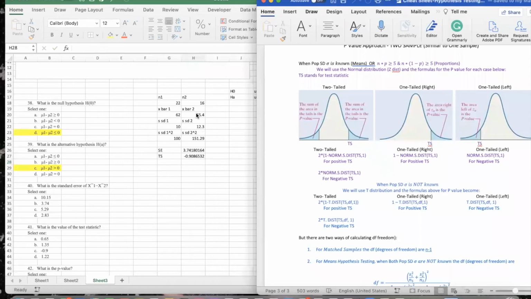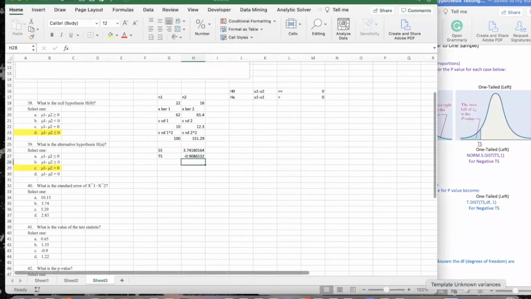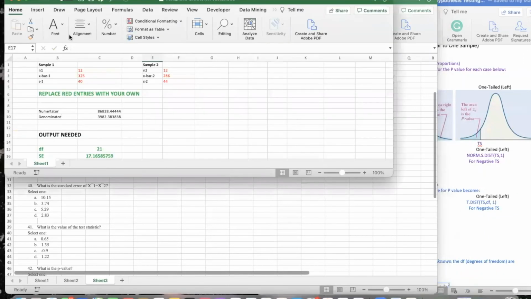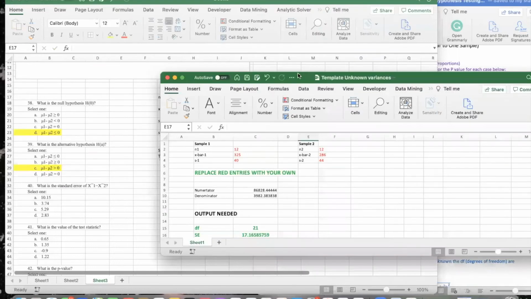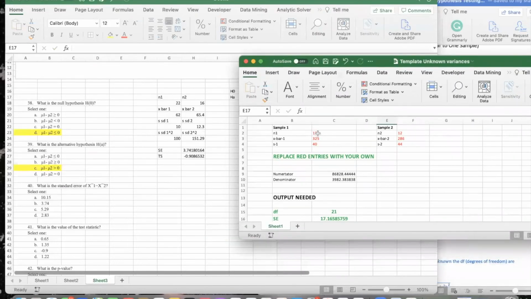So what we need to do is use the template for unknown variances. This is a template that you are going to be able to use on the exam. So I'm just going to bring that up right here. And you are going to change these values to match what you have here. So what is our n1? Our n1 is 22. So let's change that. What is our x bar 1?